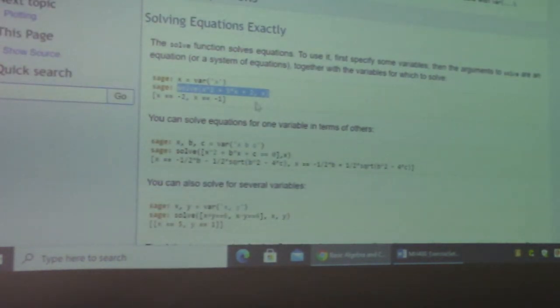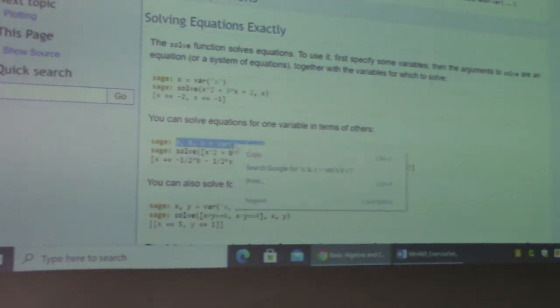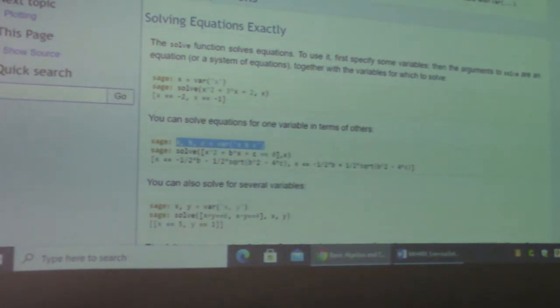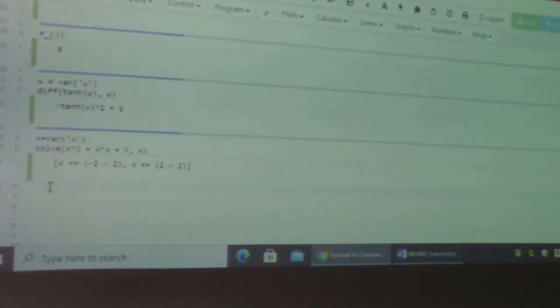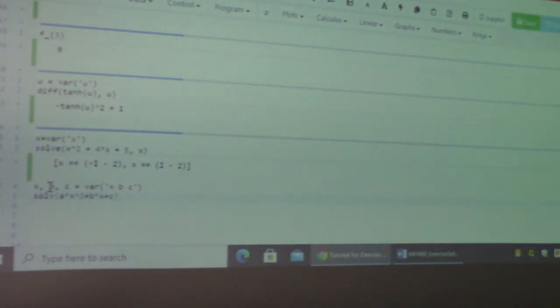Ooh. Interesting. Oh, look at that. This next example is really cool. Does it automatically set it?